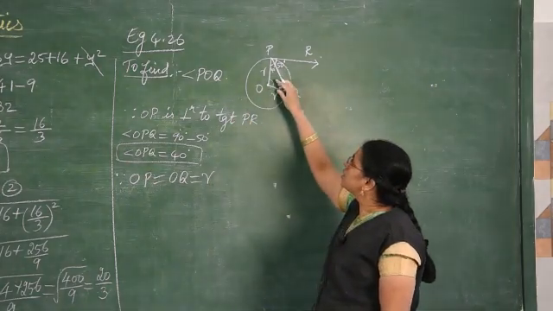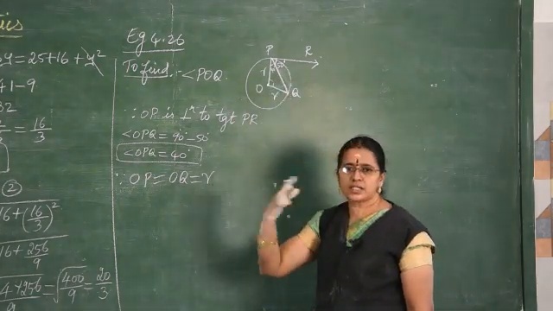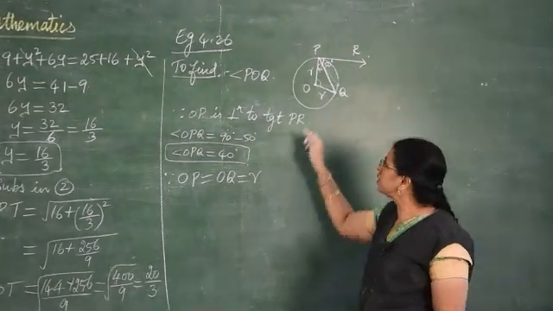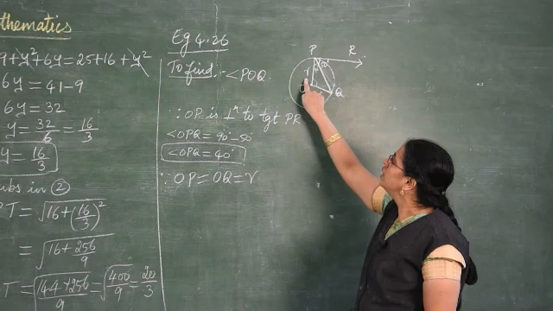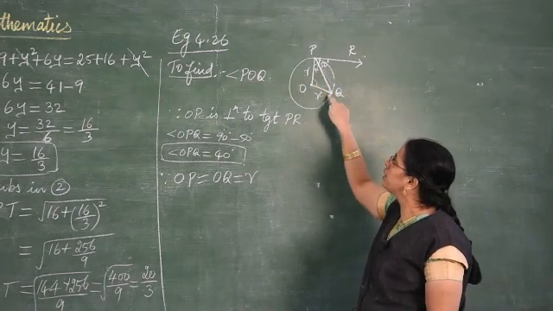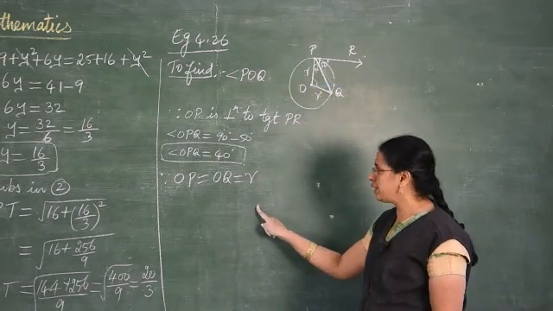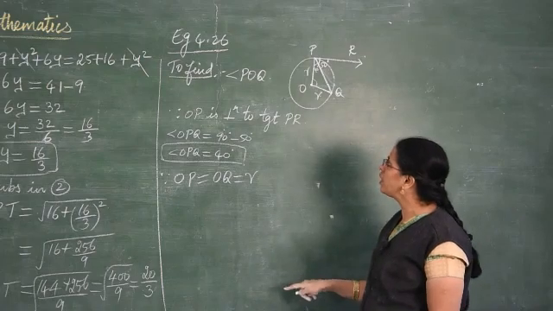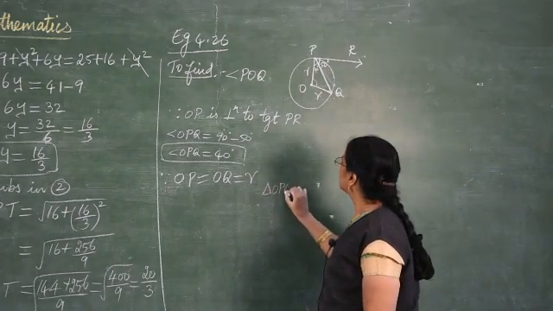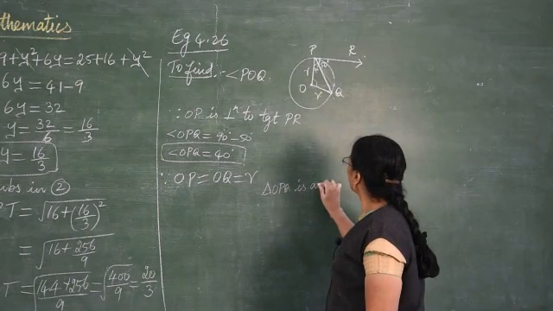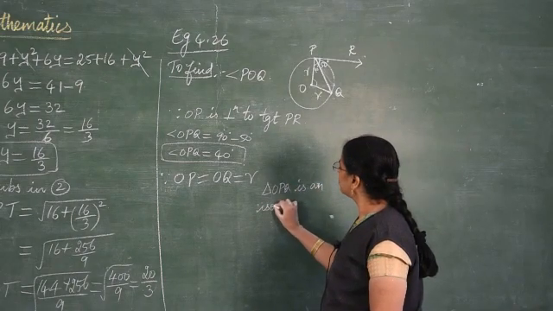The angles opposite to the equal sides are equal. Already you know this fact. These are the equal sides, OP equal to OQ, which is the radius. Being radius they are equal, and triangle OPQ is an isosceles triangle.